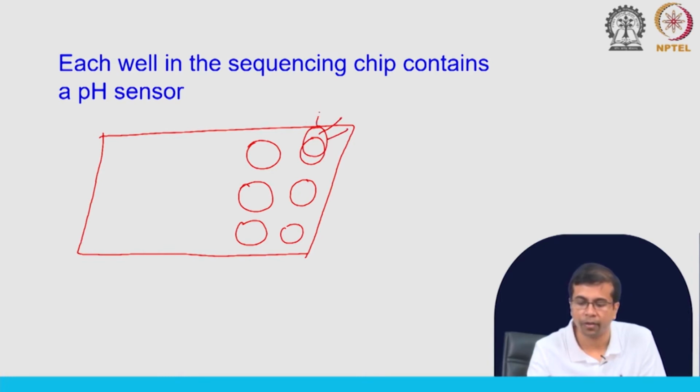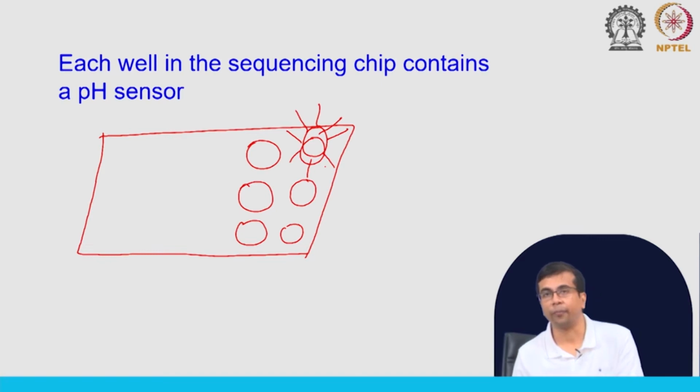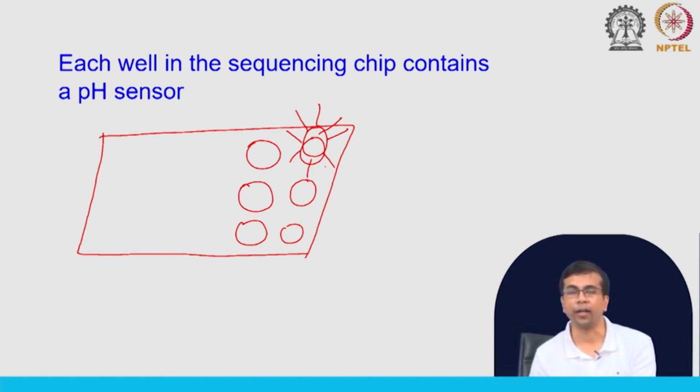Remember, each bead will have these DNA molecules attached to it. Each well will have a pH sensor at the bottom. As you can imagine, this method relies on detection of H plus ions, that is, the change in H plus ion concentration.